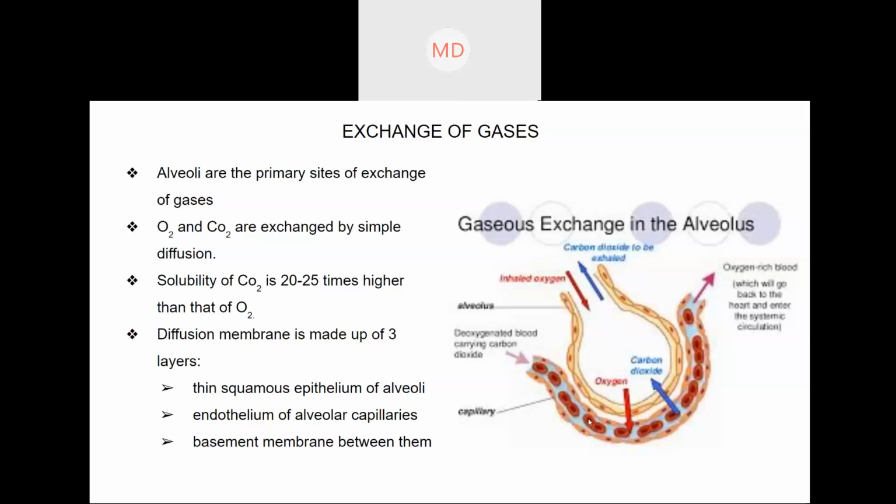This is the structure of a capillary, and these are the red blood cells passing through the capillary. Then this side, this layer of the alveolar capillary, is known as the endothelium of alveolar capillaries. This layer, this one, this one.